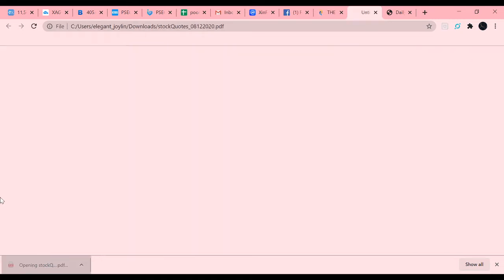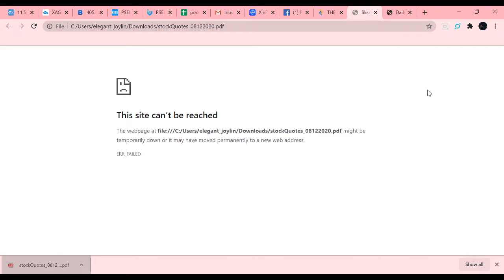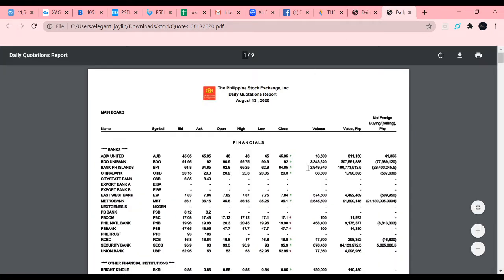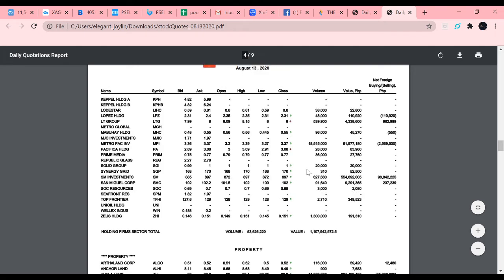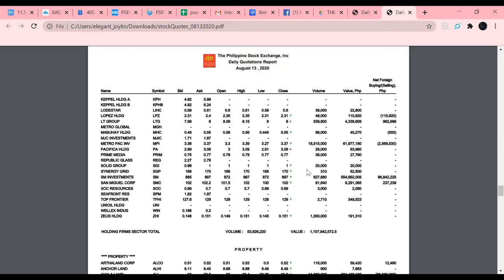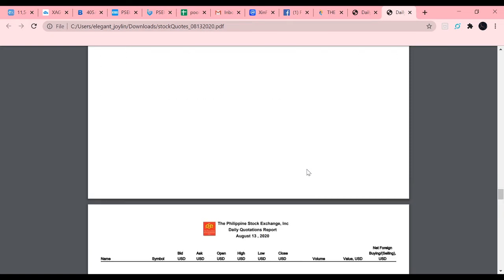So, more or less it's still at that level. Here, August 13, today, let's check why the transaction is so big. 17 billion. It means something.